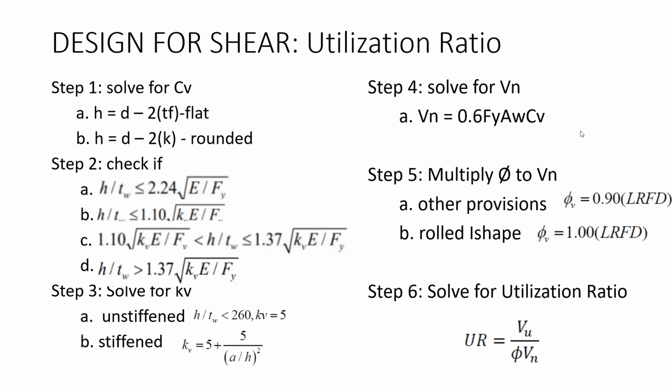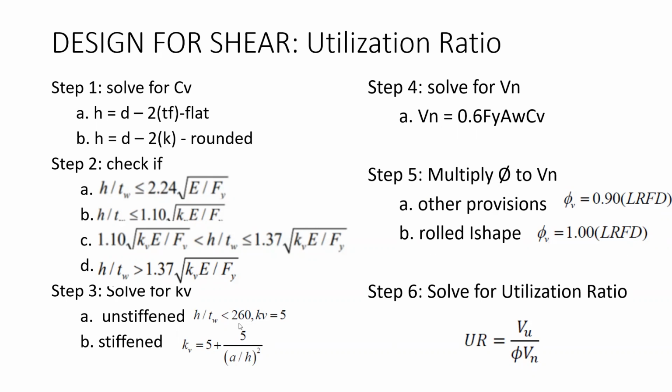And then to solve for Vn, you have 0.6 Fy Aw Cv. And then for phi, gagamitin natin is 0.9 for LRFD for other provisions. And if it's an I shape, you use 1.0 for LRFD.